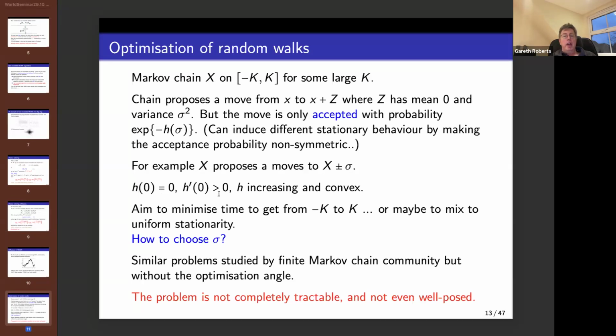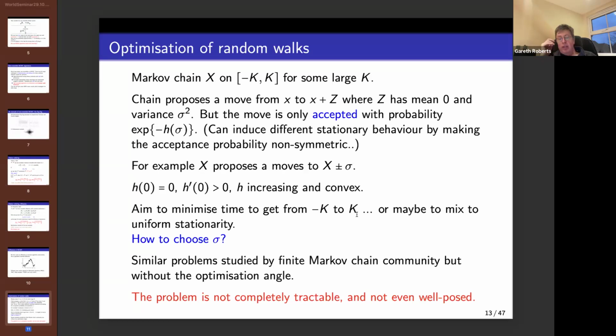H is convex, H is increasing. I don't want to be very precise about this yet, but I want to somehow minimize how long it takes me to get from minus k to plus k. And maybe in doing that, I might be interested in mixing to uniform stationarity. So the question is, how should I choose sigma?